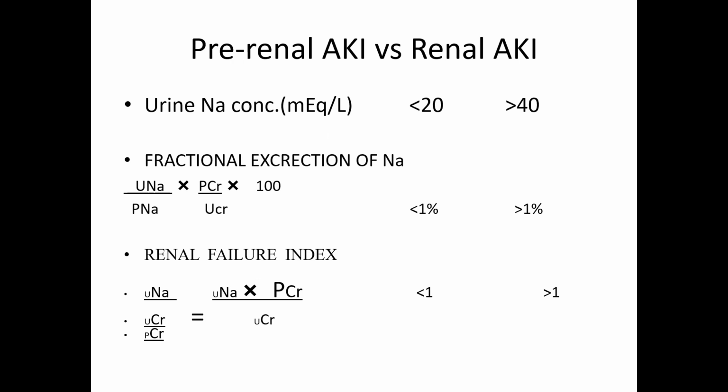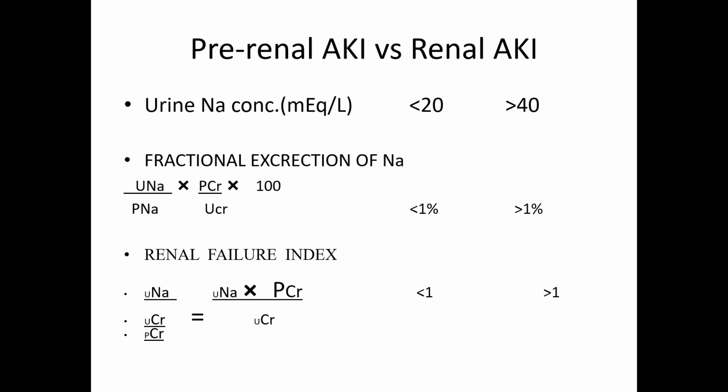Then there are the renal indices. The most important index used to differentiate renal AKI from pre-renal AKI is the fractional excretion of sodium. That is, you measure the clearance of sodium, divide it by the creatinine clearance, and multiply by 100 to make a percentage.